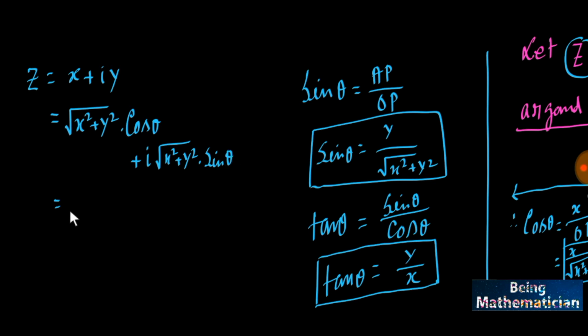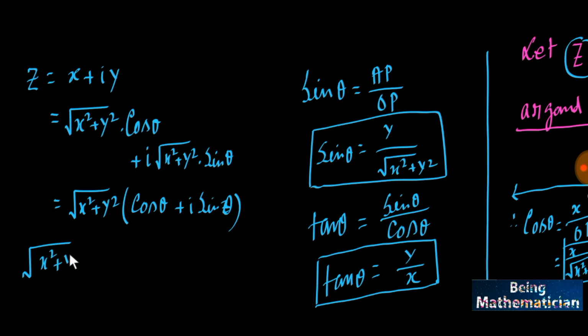Now the common term is root over x square plus y square, so this into cos theta plus i sin theta. And root over x square plus y square, meaning the distance from the origin to the point, is called the modulus of z, and it can be expressed as mod z.